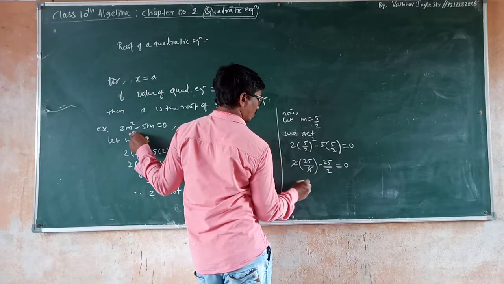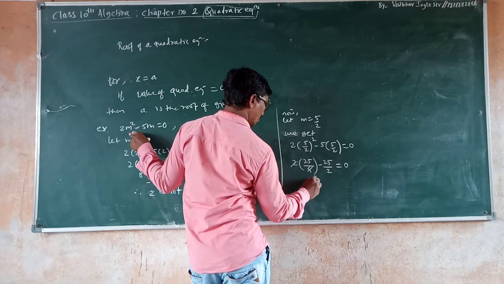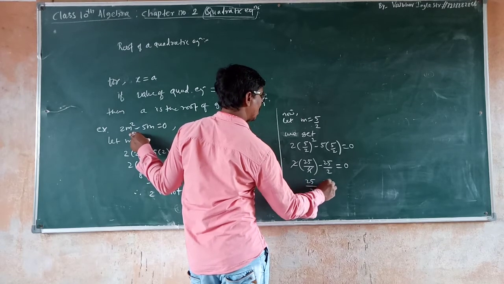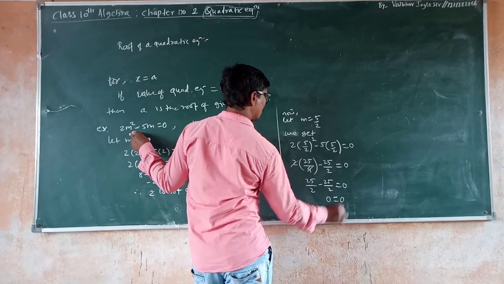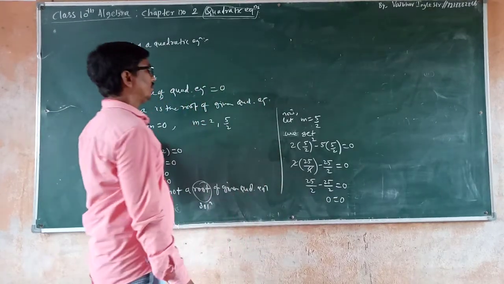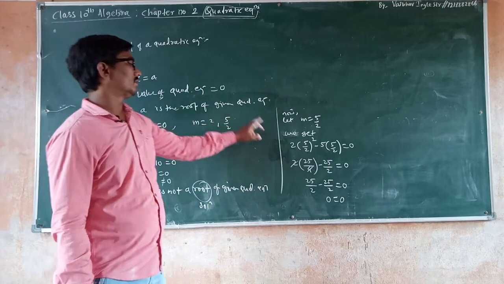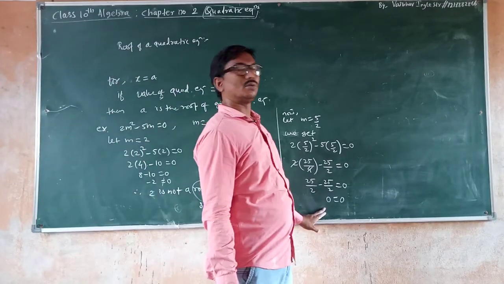So this 2 will cancel with 4. So 25 by 2 minus 25 by 2 will become 0. So the value of the quadratic equation becomes 0 here.